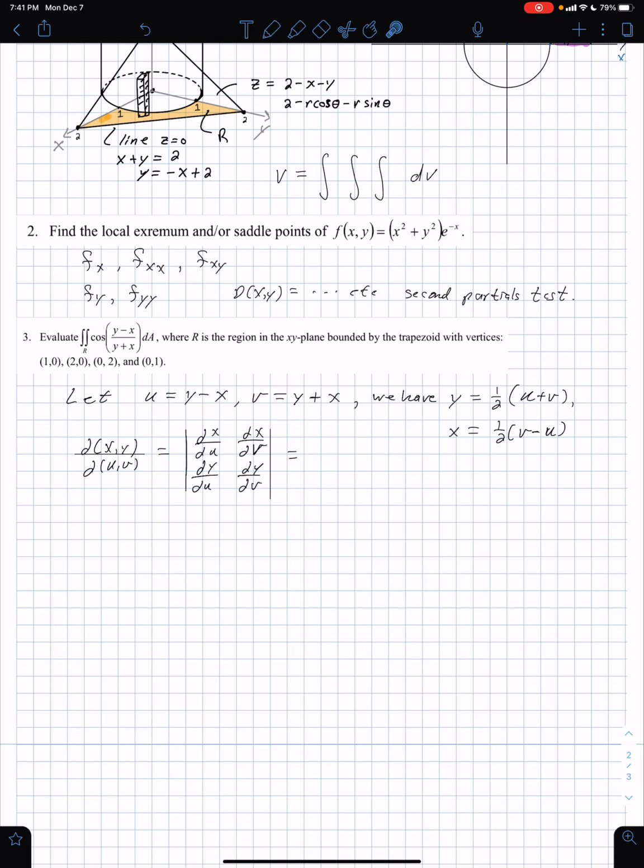So partial x/partial u is -1/2. Partial x/partial v is 1/2. Partial y/partial u is 1/2. Partial y/partial v is 1/2. And then you do the determinant of that.